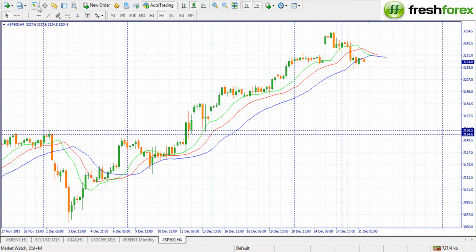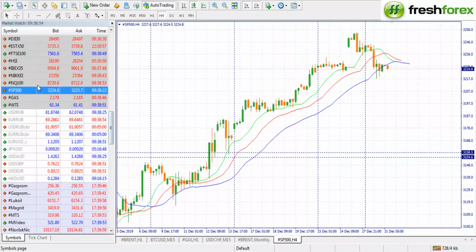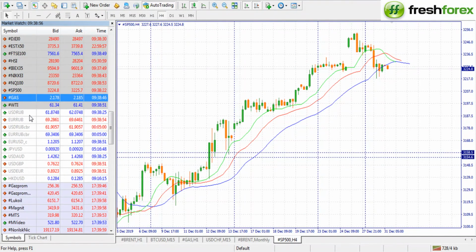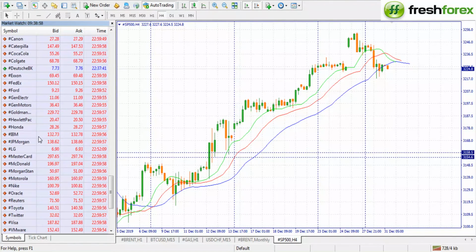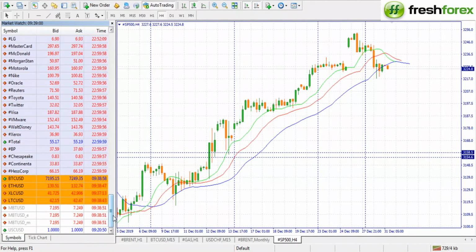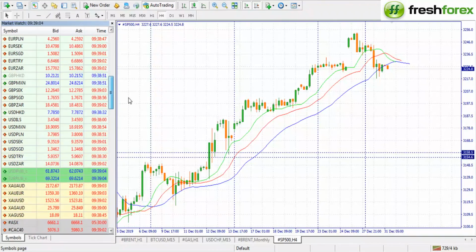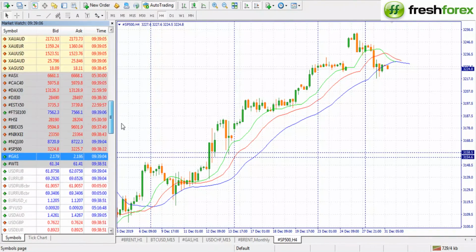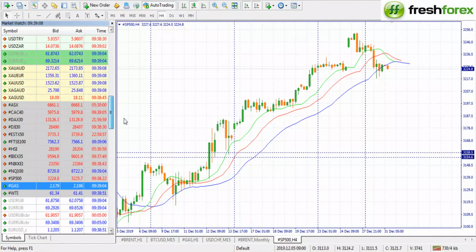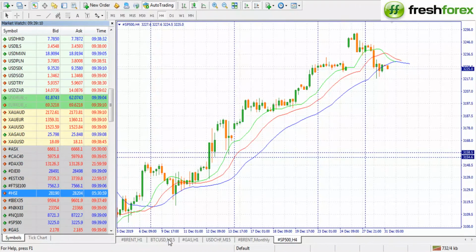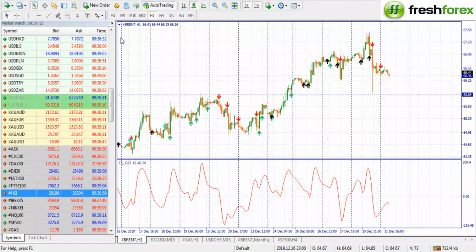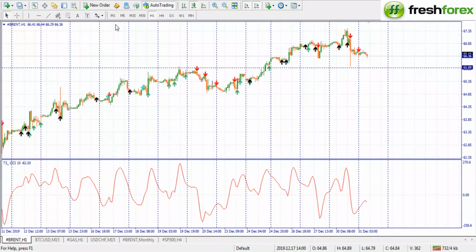If we look at the next chart, Brent oil, we have it here. Brent oil is bearish.